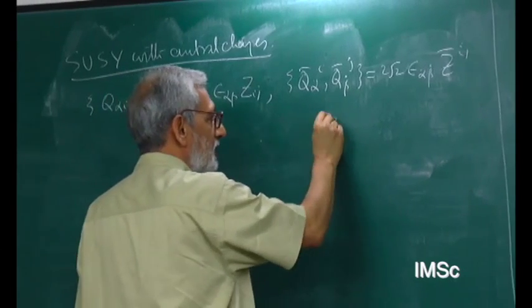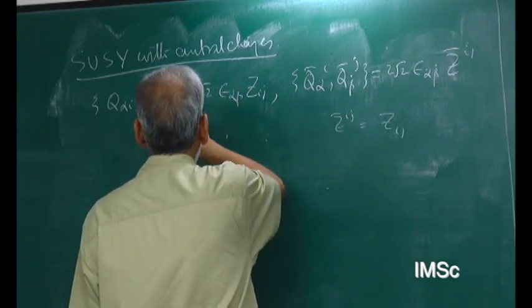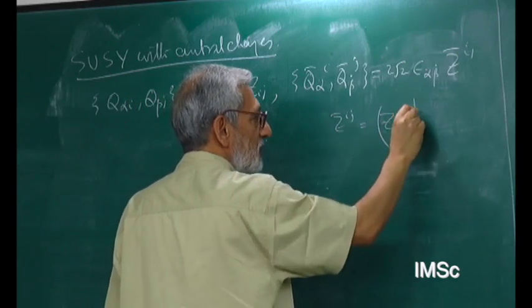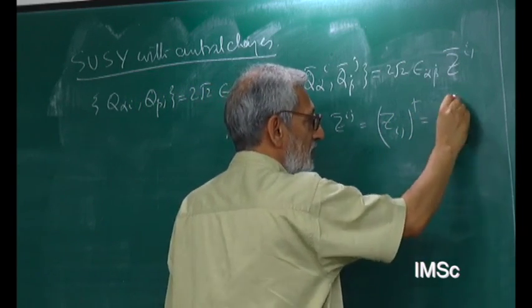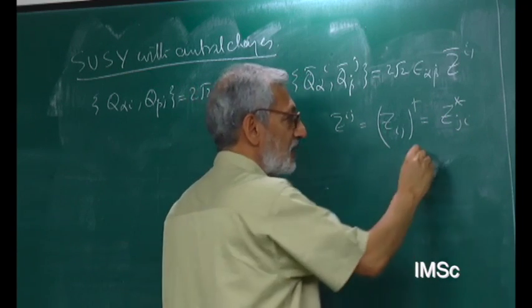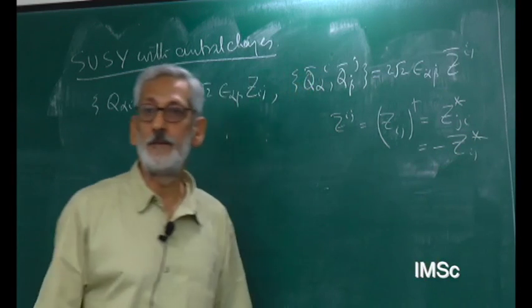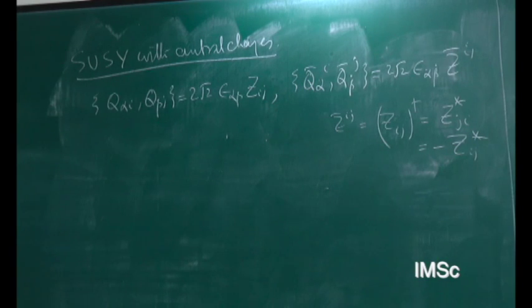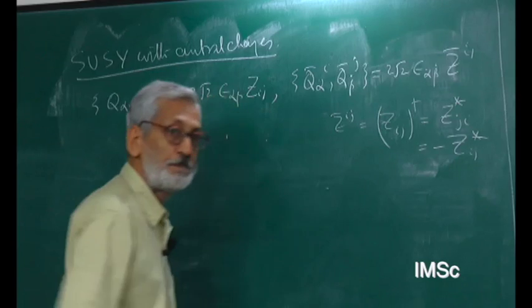Now Z bar IJ is nothing but the adjoint of Z^{IJ} that we have here. The adjoint is Z star with I and J interchanged. That is minus Z^{IJ} star, because the Z^{IJ} are antisymmetric matrices. They are antisymmetric in labels I and J.